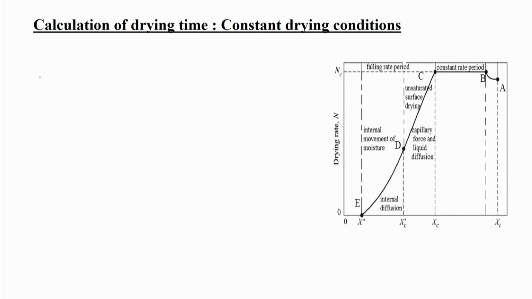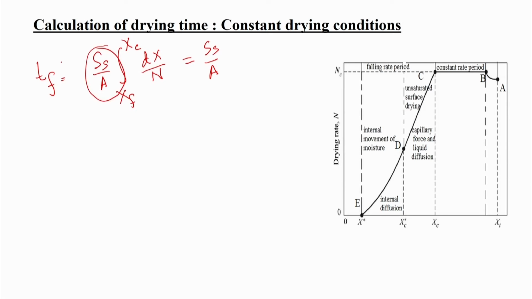So, for the falling rate period, this t_f will be S_s/A times the integral from X_f to X_c of dX/N. In place of this we write S_s/A, because we have excluded it from the integration; these are constant parameters.